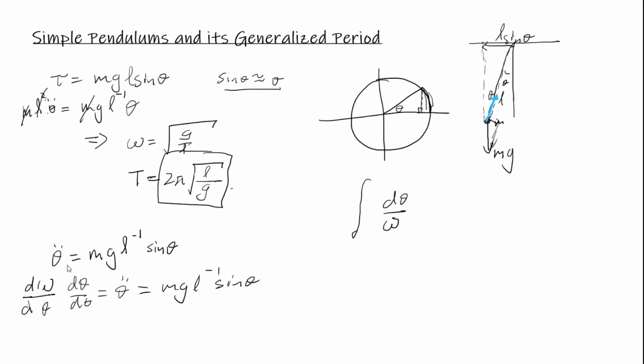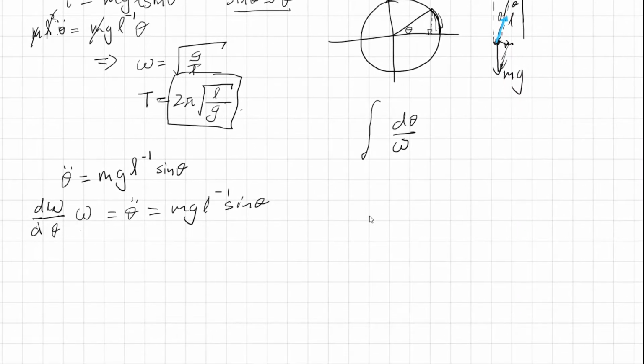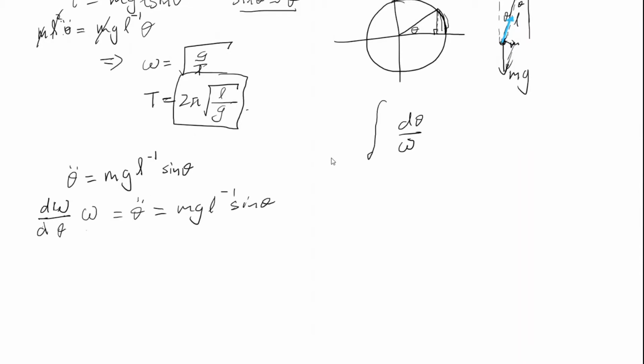And the reason we can do this is that this is just the chain rule, and this allows us to get a d omega and a d theta, and from that we can try to solve, because d theta dt is simply omega, right? So let's move the things over, and this gives us a separable differential equation, right? And that means we can solve for omega as a function of theta, and we can integrate this value here.